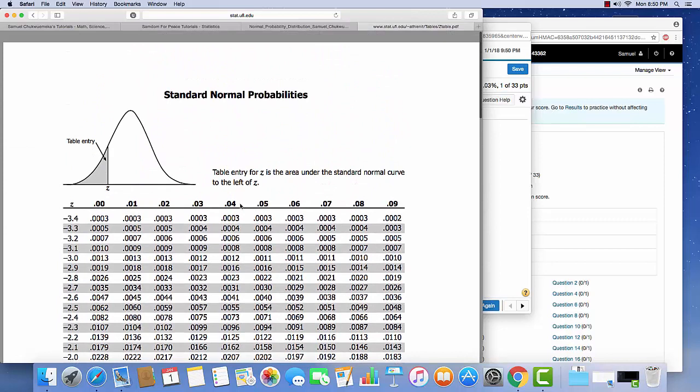So I'm not going to use these tables here in this video because I have already explained it in prior videos. So I'm just going to use my calculator and the Pearson Statcrunch that comes with your course management system, MyMathLab.